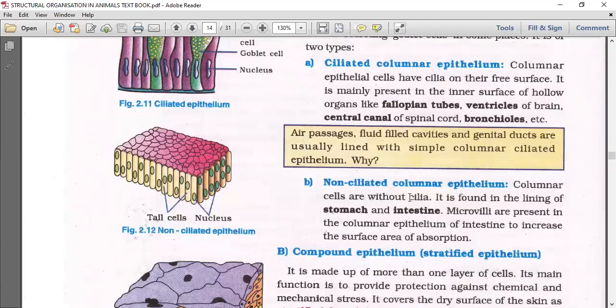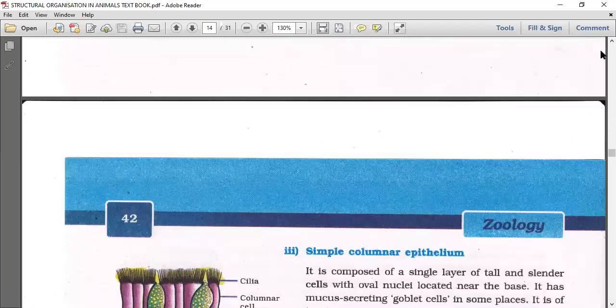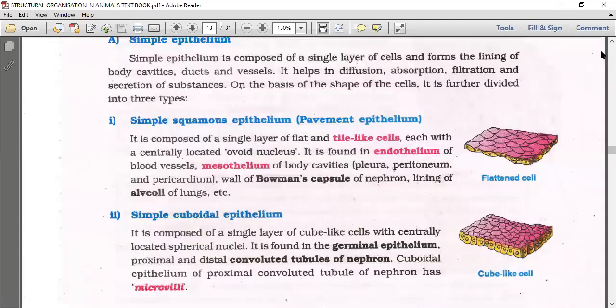That's it for the structure. Tile-like cell, squamous; cube-like cell, cuboidal; tall, slender cell, columnar. Now examples. Endothelium of blood vessels, mesothelium of body cavities like pleura, peritoneum and pericardium, wall of Bowman's capsule of nephron, and lining of alveoli of lungs are examples of simple squamous epithelium.